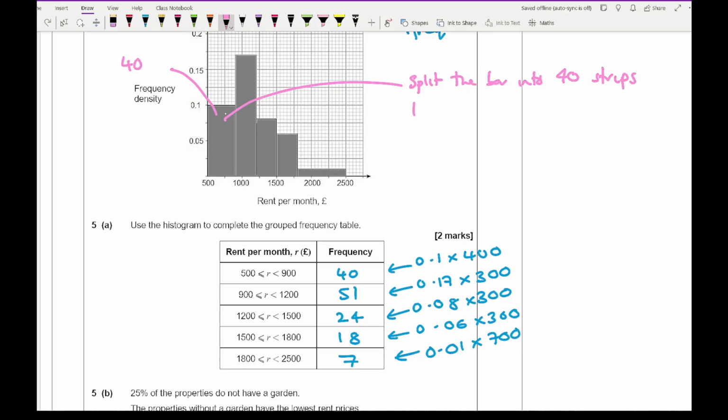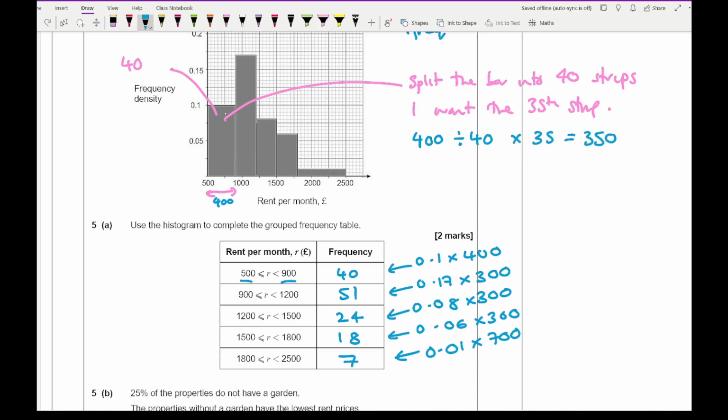Now I want the 35th strip. So to do that, the class width is, actually it's 400 rather than thinking it's 500, because looking at the class width of the table, that is 400. So it's going to be 400 divided by 40, and that'll give me what one strip is, and then I multiply that by 35, and that gives me an answer of 350.